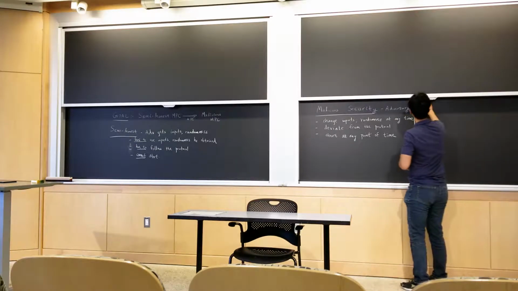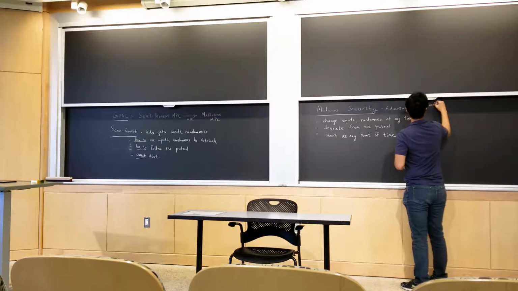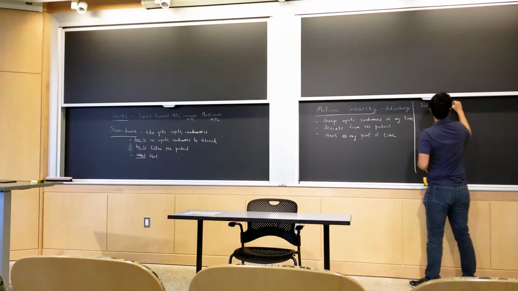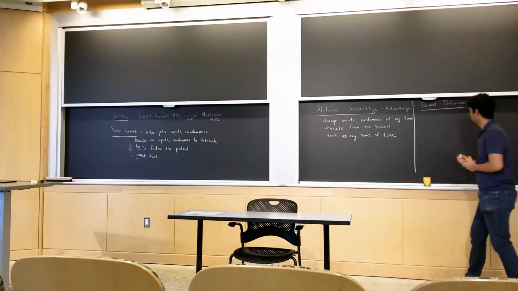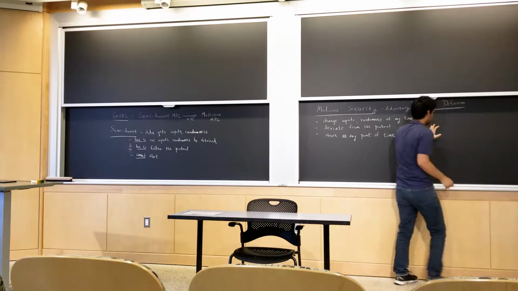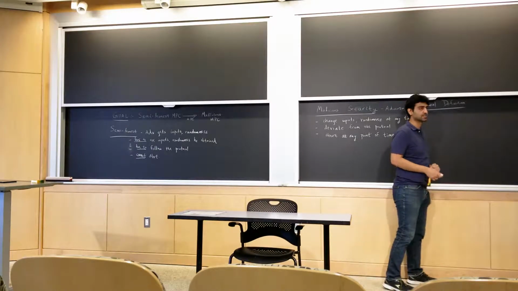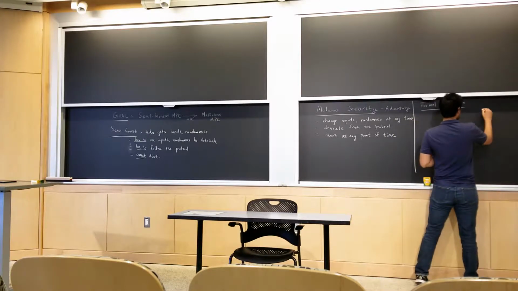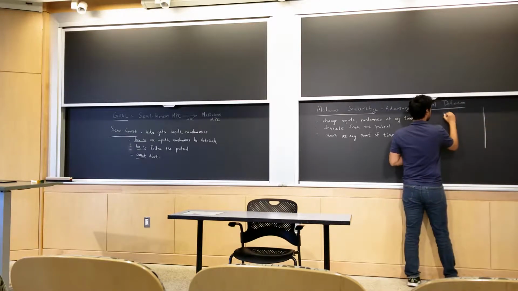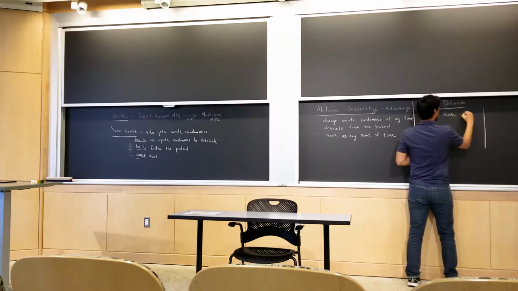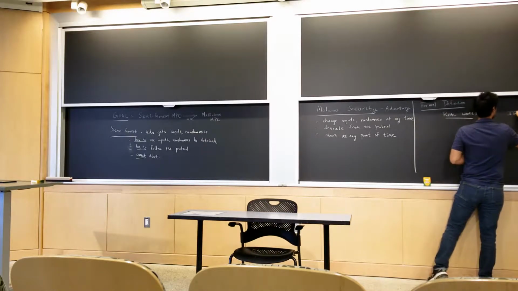Okay, so let me give you the formal definition. First, let me give the definition diagrammatically, and then I will state it in words. Here you have the real world.